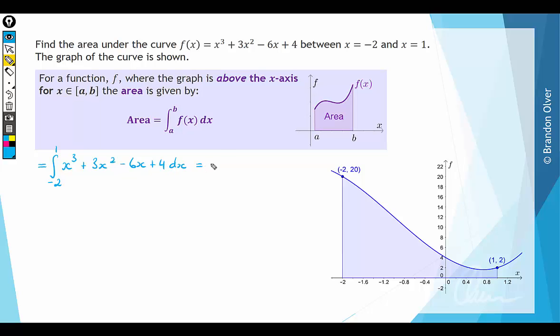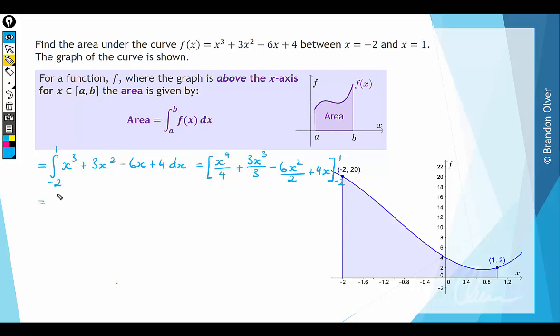And that's going to be equal to the antiderivative, where we add 1 to the power, so it'll be x to the power of 4 divided by 4, plus 3x, add 1 to the power is cubed, divided by 3, minus 6x squared over 2, and then plus 4, and we introduce the variable x, and we're going to calculate that between -2 and 1.